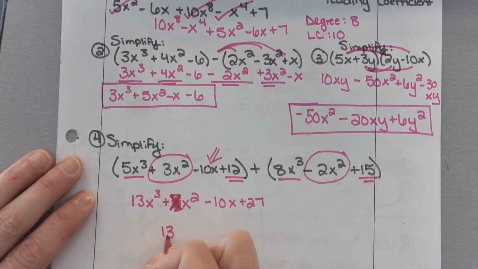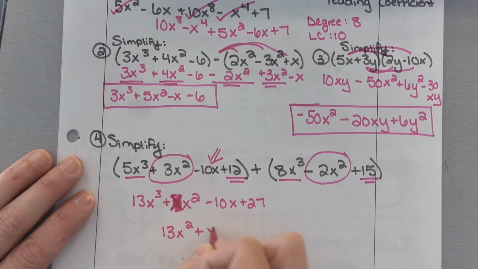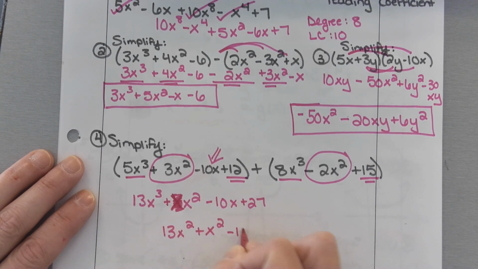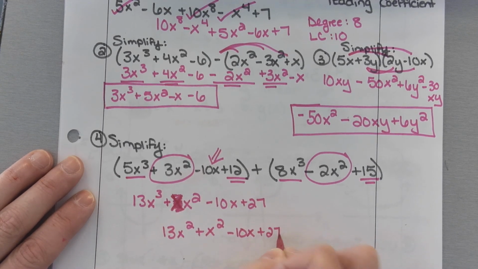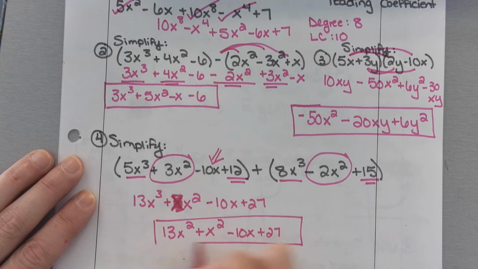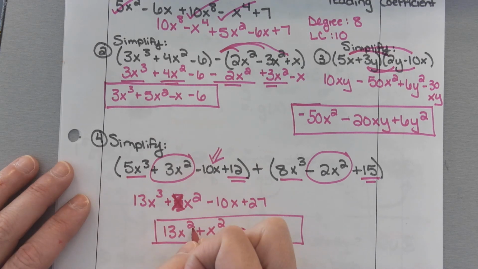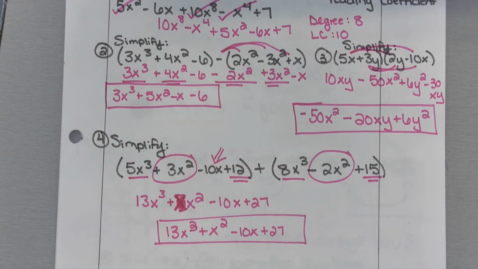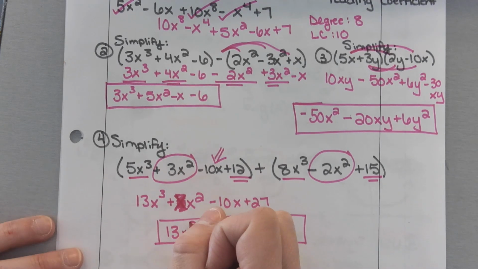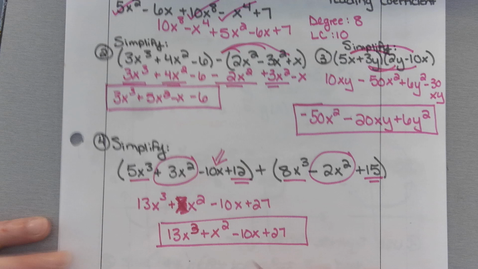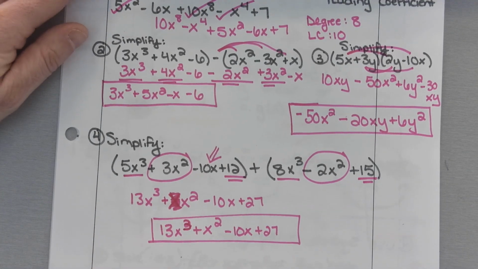So 13x squared, I got to rewrite it. I can't live like that. Plus 1x squared minus 10x plus 27. 13x cubed. Gosh darn, what am I doing today? I don't know. Something. Okay.